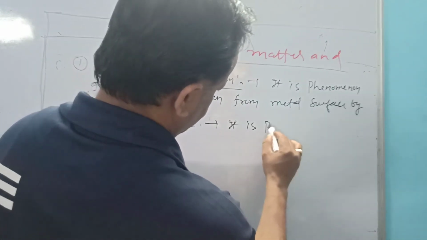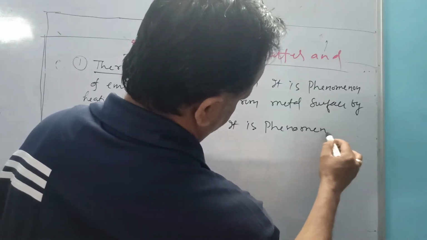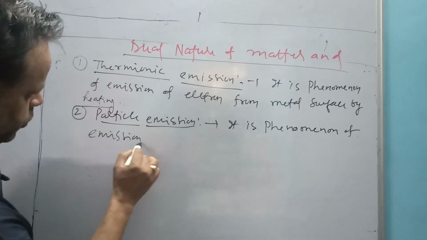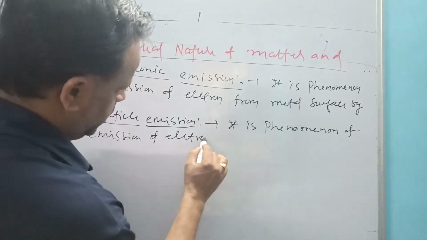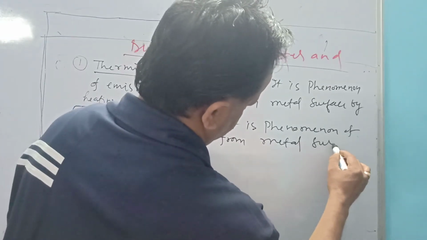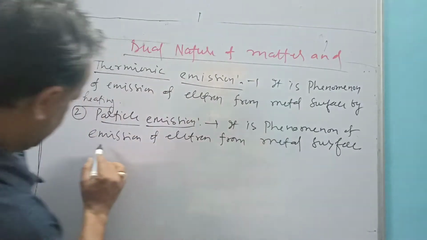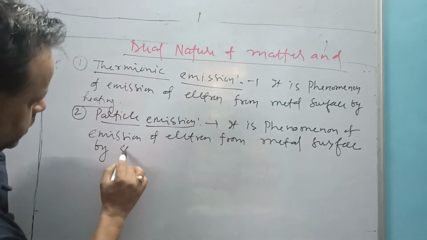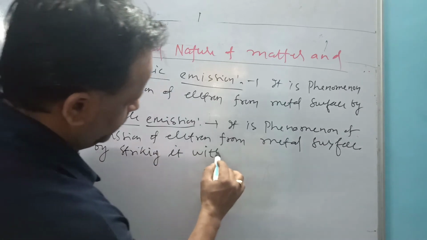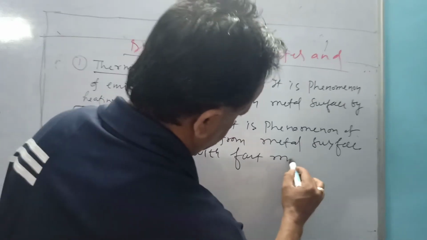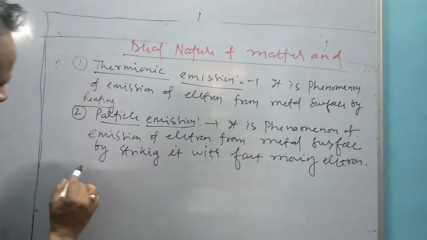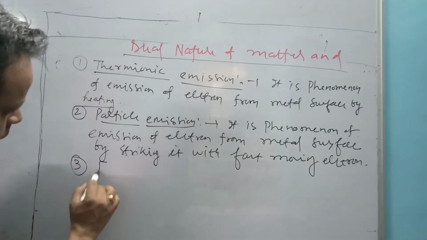It is the phenomenon of emission of electron from metal surface by striking it with fast moving electron.